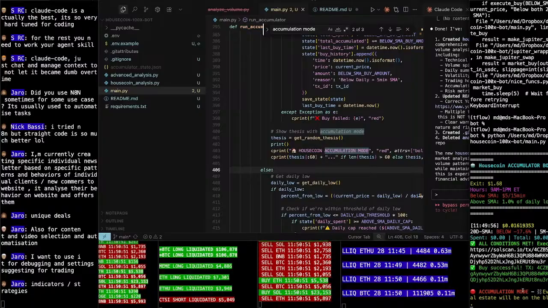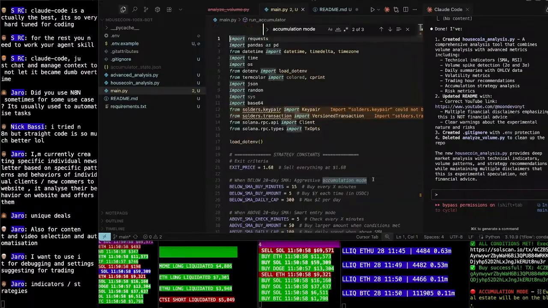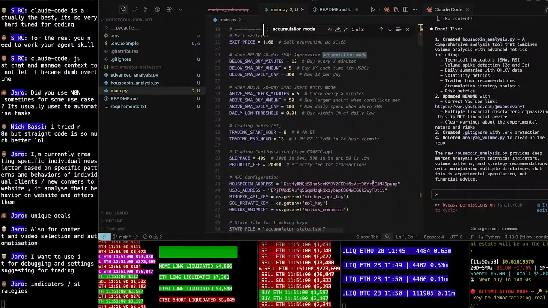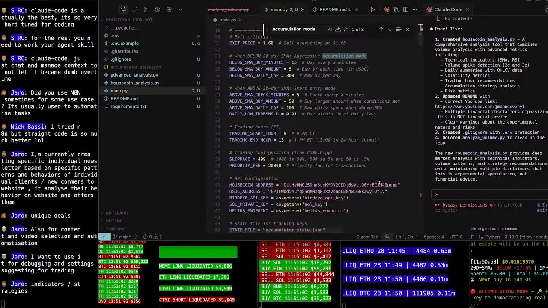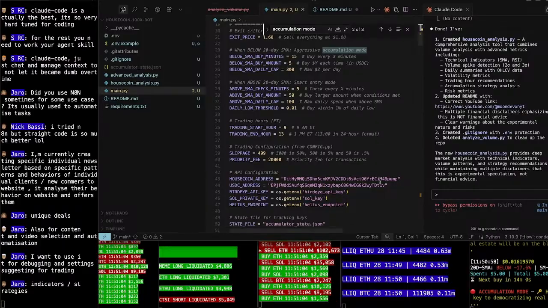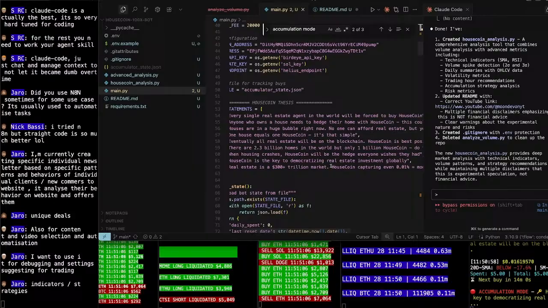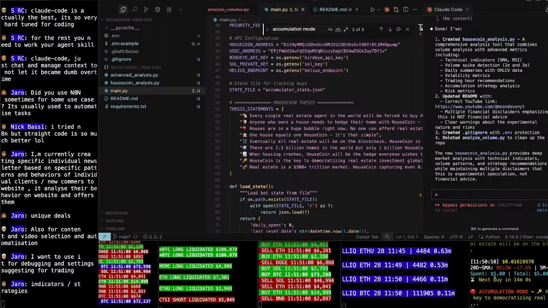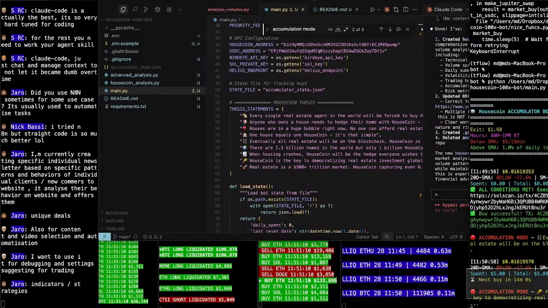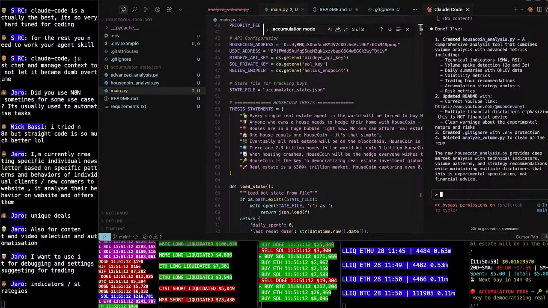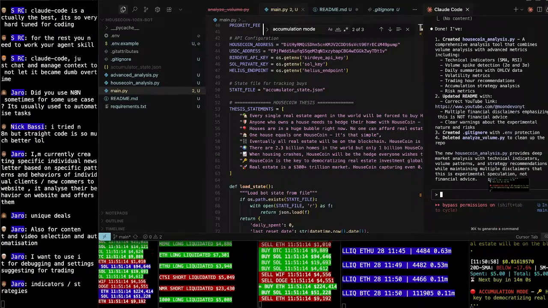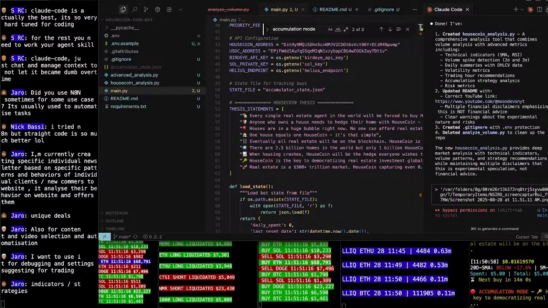Eventually, all real estate will be on the blockchain. What the hell? It seems like some of it is getting cut off.